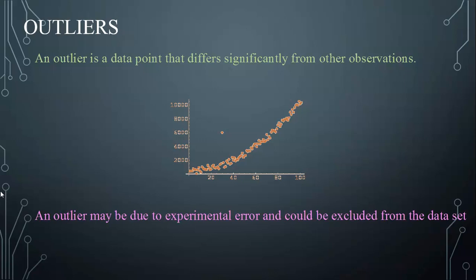An outlier may be due to experimental error and could be excluded from the data set. So sometimes it might be needed to exclude outliers because they make a significant difference to the data collection results or interpretation. And in these cases, outliers could be excluded from the data set.